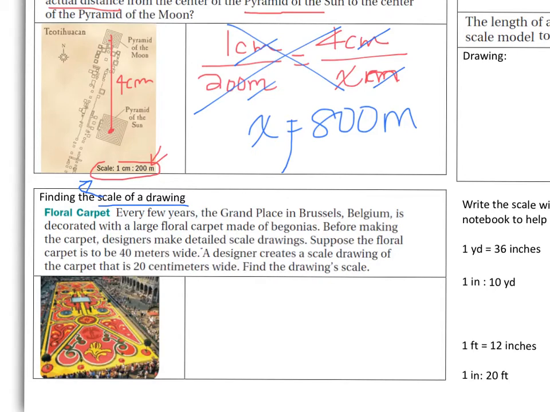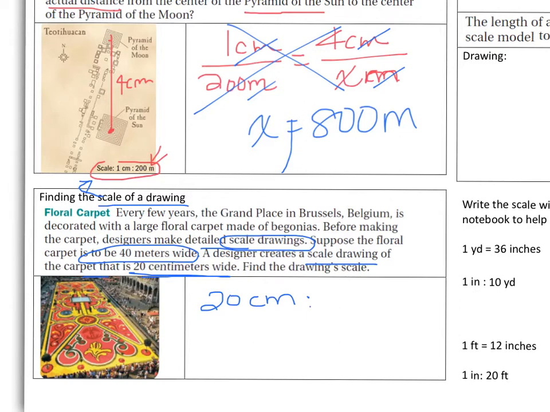So scale drawings are just two-dimensional drawings. Suppose the floral carpet is to be 40 meters wide in reality, meaning the actual distance, width. And a designer then creates a scale drawing of the carpet that is 20 centimeters wide. So on the drawing, the width would be 20 cm wide.